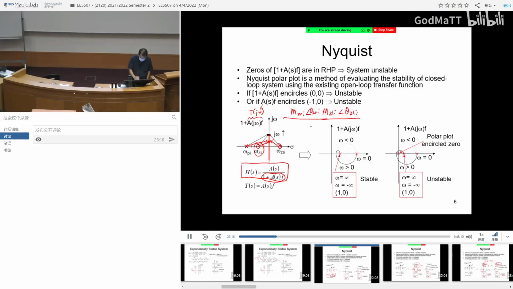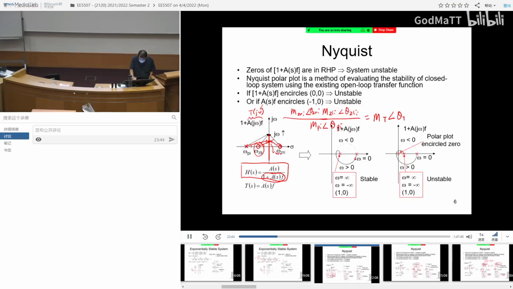Then I divide by the magnitude due to pole i and the angle due to pole i. Finally, I can lump it and form a total magnitude and a total angle. Suppose I'm having omega at this point, let's call it omega 1.